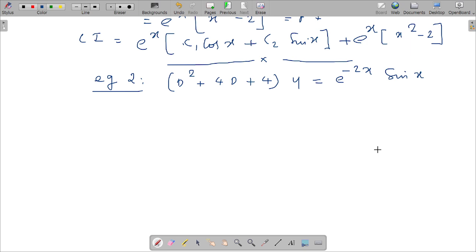So how can we solve this? Write the solution for this.